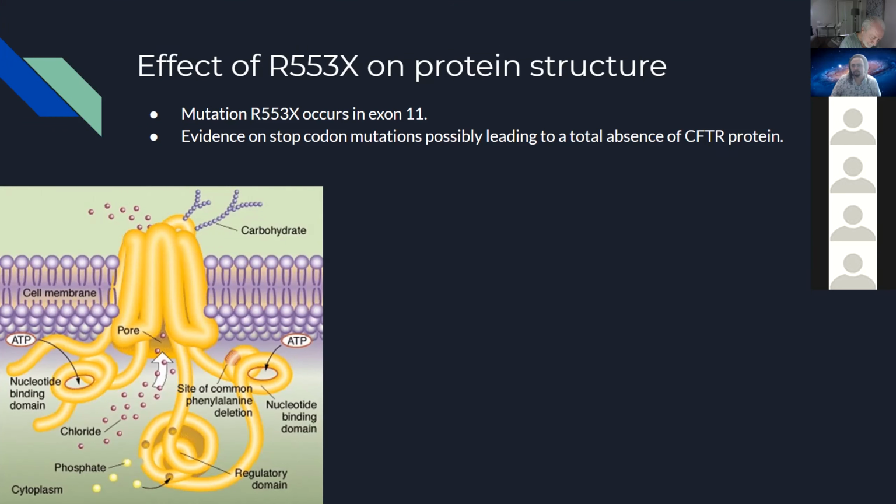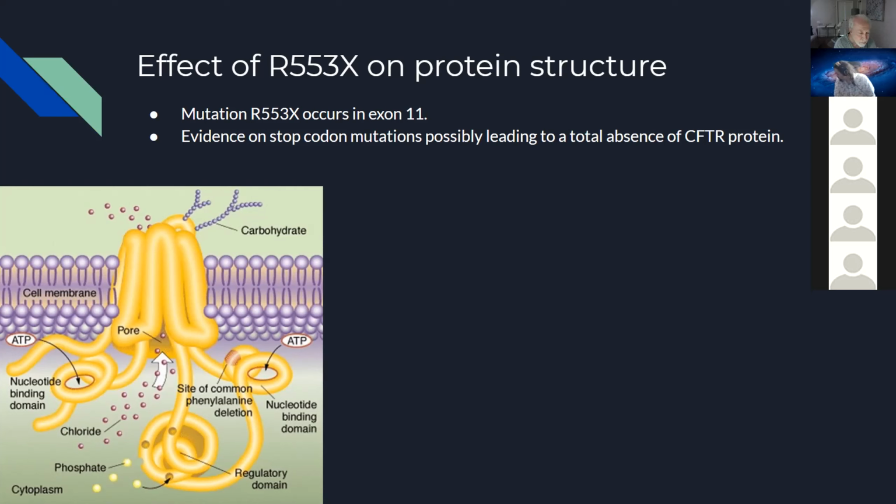It can also produce a truncated protein missing the regulatory domain, the second nucleotide binding fold and the second transmembrane span, leading to a reduction or absence of cytoplasmic CFTR mRNA. Like I said, the evidence suggests that the absence of CFTR protein in airway cells may be less damaging than the presence of an altered protein.